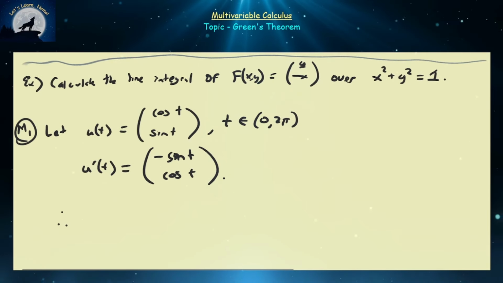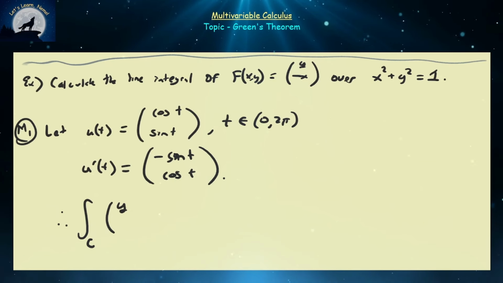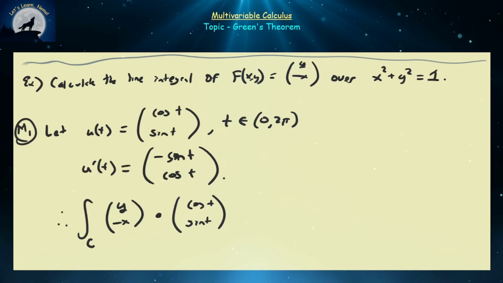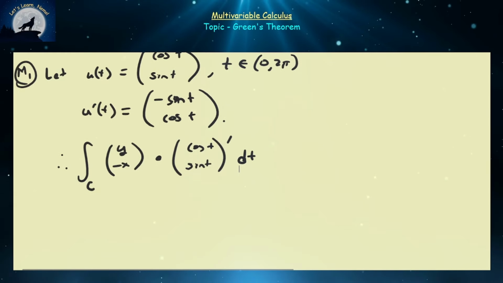So therefore, the integral over this path C of our vector field (y, minus x) dot product with the derivative, which is going to be equal to the integral from 0 to 2 pi.